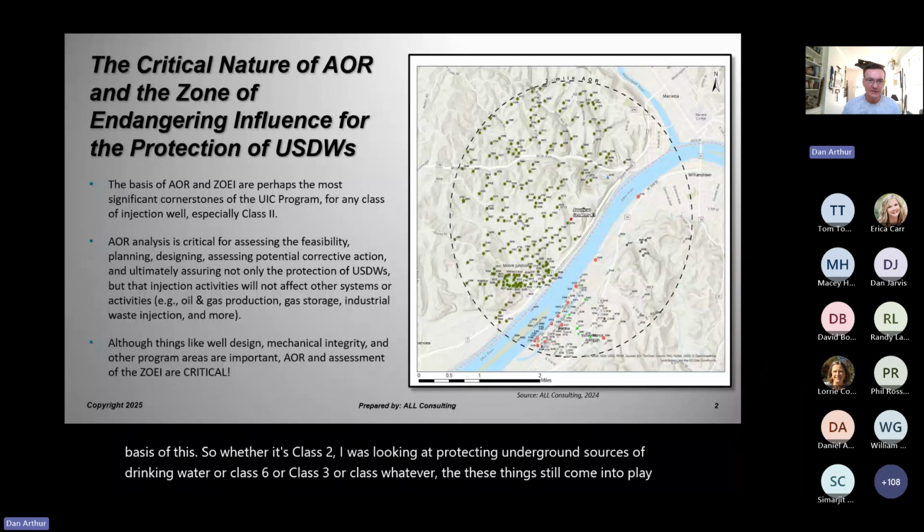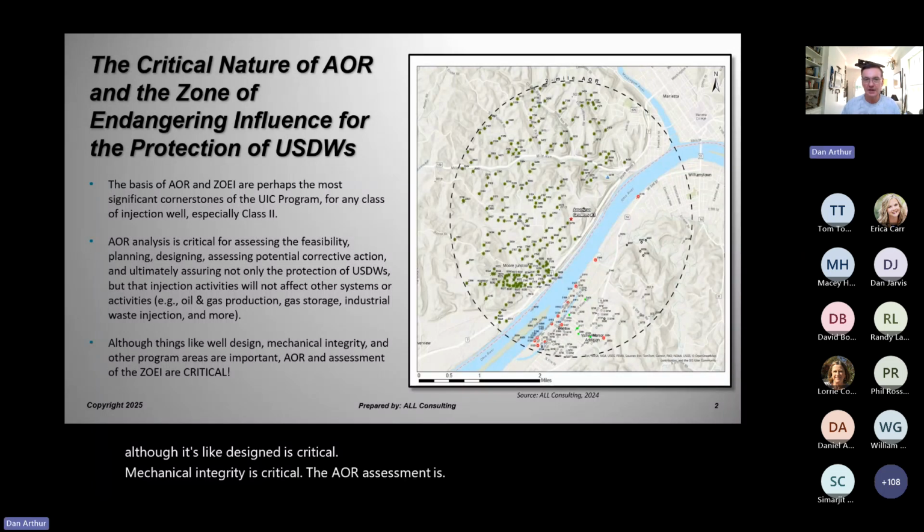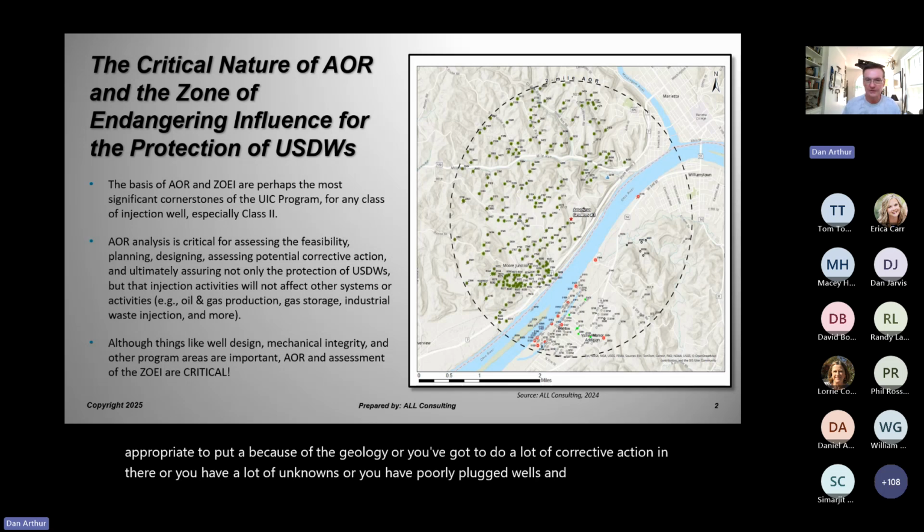And although well design is critical and mechanical integrity is critical, the AOR assessment, in my opinion, is really the cornerstone of the UIC program, because some places aren't appropriate to put a well because of the geology, or you've got to do a lot of corrective action, or you have a lot of unknowns, or you have poorly plugged wells, and it could be all sorts of things.